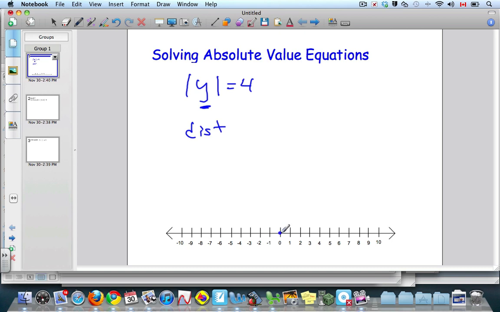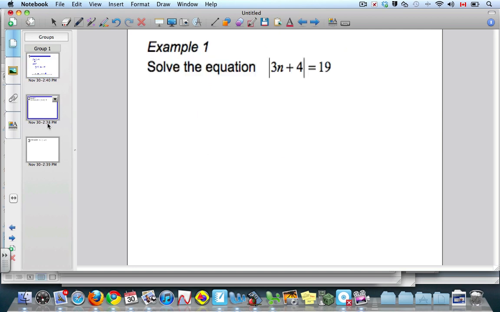If I'm 4 away from 0, your answer could be 4, because that's 4 units. Or your answer could be -4, because both -4 and 4 are 4 units away from 0. And so it always means plus or minus are our options. Let's do an example where we see that.